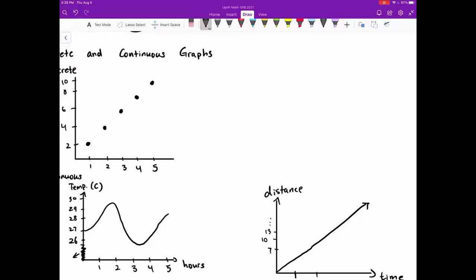Guys, if you have an example, post it in chat. Discrete graph. Okay, we can do test questions answered correctly. That's pretty good.